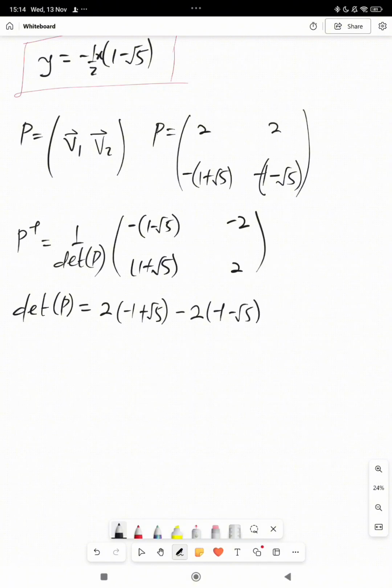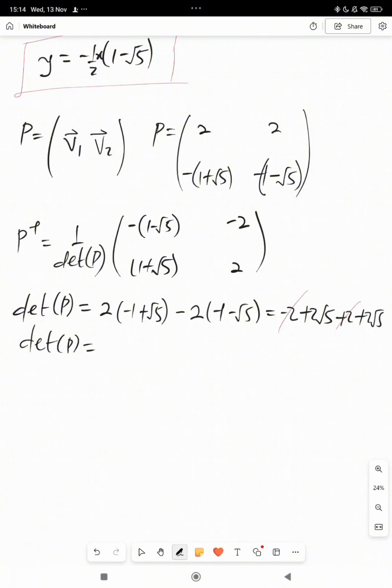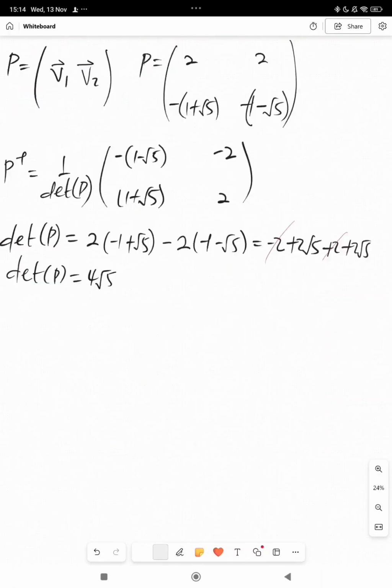So we go ahead and find -2 + 2√5, plus 2, plus 2√5. So the determinant of P is given by, this cancels, and we are left with 2√5 plus 2√5, giving us 4√5.